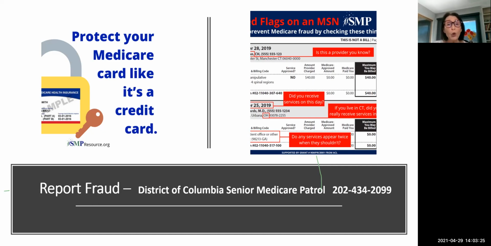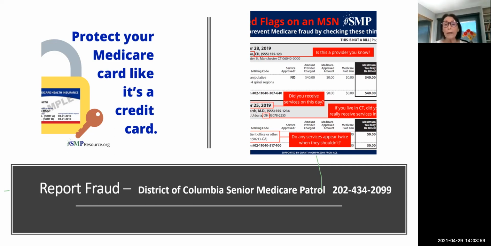If you have the little red, white, and blue card, and you also have, let's say, an HMO, and you might have Medicare and Medicaid together, all of that information should only be provided when you go to your doctor. Not to a stranger on the telephone, not somebody who accosts you in a parking lot. Protect that medical identity.